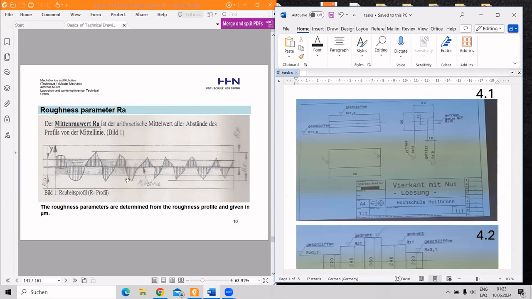So our surface has some imperfections, and Ra is basically this common one distance between the lines, so between these two middle lines and central line. So the roughness parameter is defined from the roughness profile and given in micrometers.